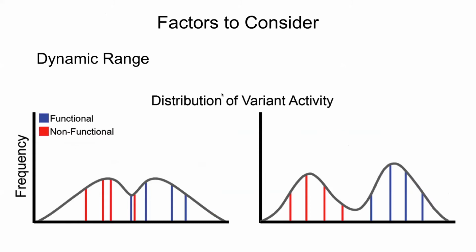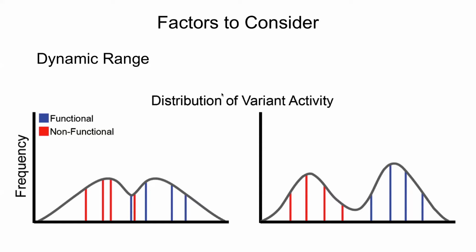There's a ton of factors to consider in these types of approaches. I think a lot of them are actually really specific to the assay that you design, but there's at least a few examples of factors that I think are pretty universal. The first of which is the concept of dynamic range. So just really generally define it as the magnitude of the difference in variant score between your functional and non-functional variants.